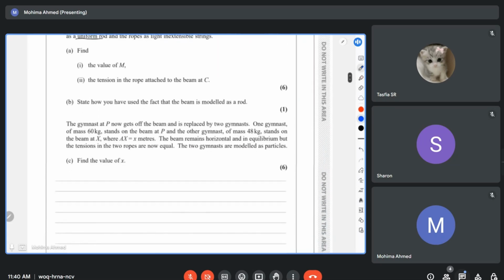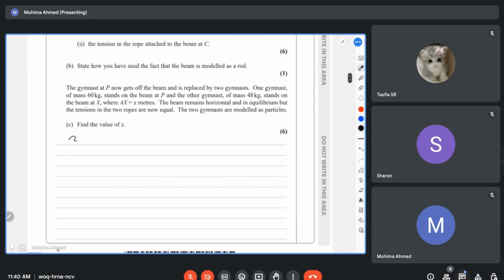Now we can calculate the value for part A. Sum of anti-clockwise moment equals sum of clockwise moment.